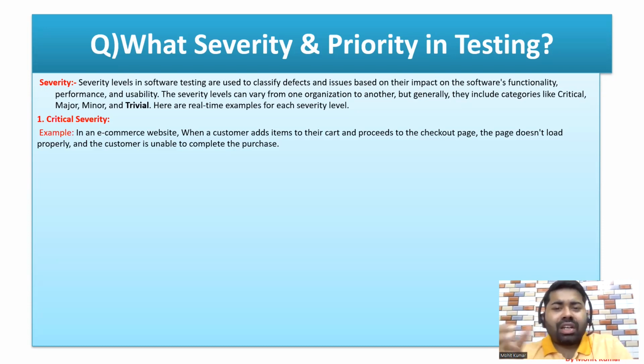It's not working properly while adding the product to the cart, then how will you place the order? So here we have a blocker. This is critical, since users are not able to purchase the product. The customer is unable to complete the purchase.